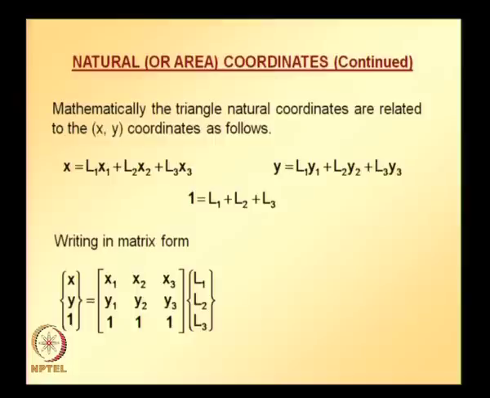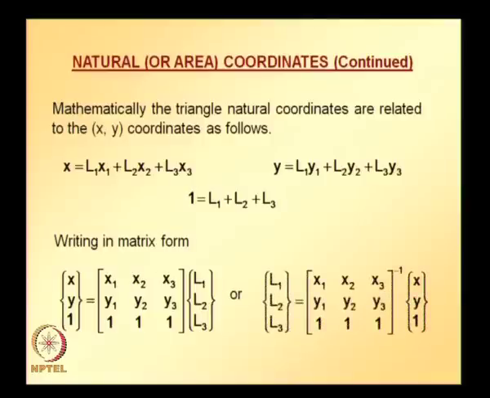We get this: x, y, 1 put in a vector is equal to the matrix consisting of x1 y1 1, x2 y2 1, x3 y3 1, times L1 L2 L3 put in a vector. Using this relation, we can back calculate L1 L2 L3 for a particular point having coordinates x y by taking the inverse relation, like this.